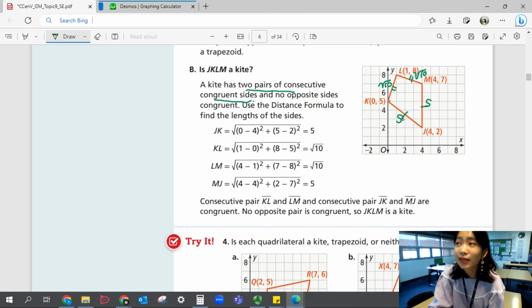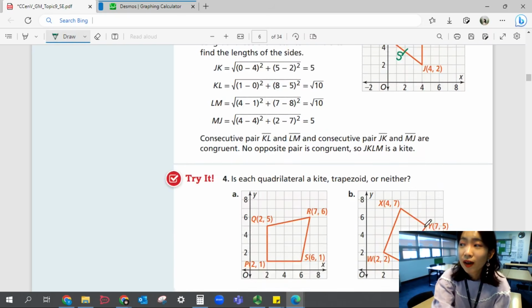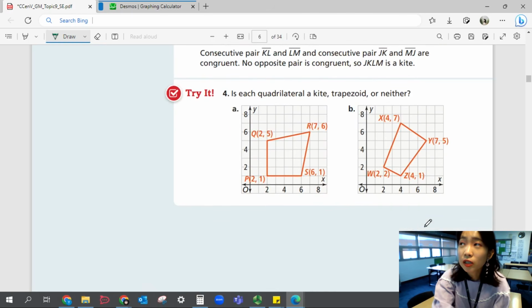Okay, so for a kite, you need to check all the distances and look for the same distances that are consecutive sides. Okay, so let's look at try number 4 and figure out the slopes and distances to check if it is a kite, trapezoid, or neither.